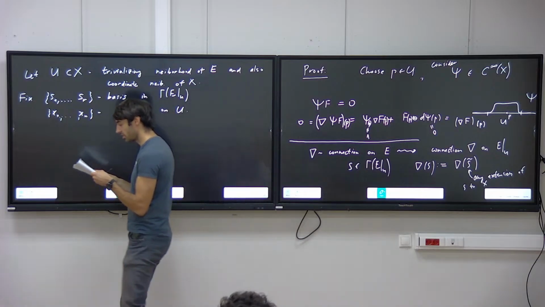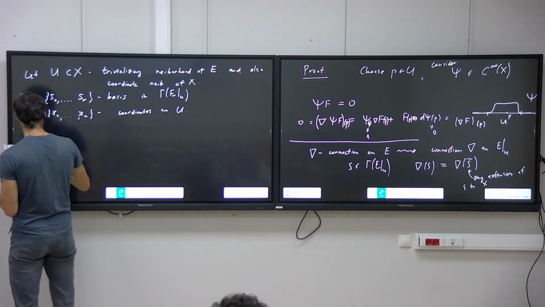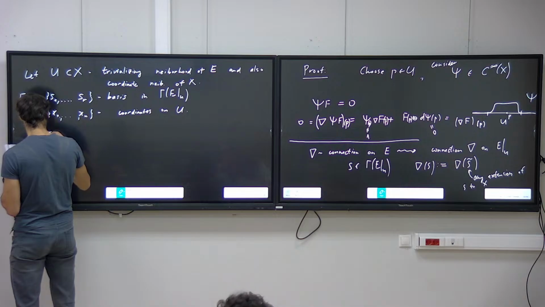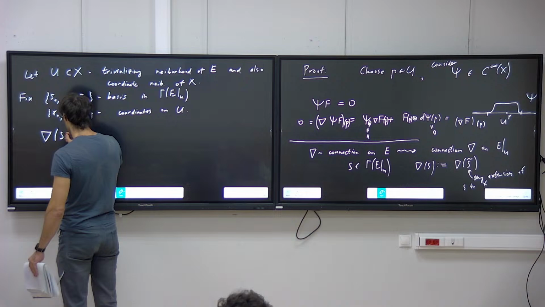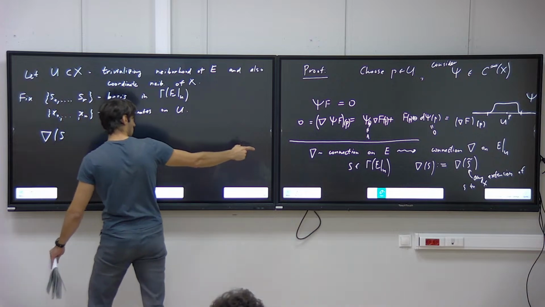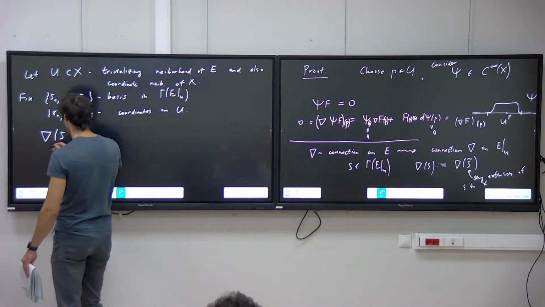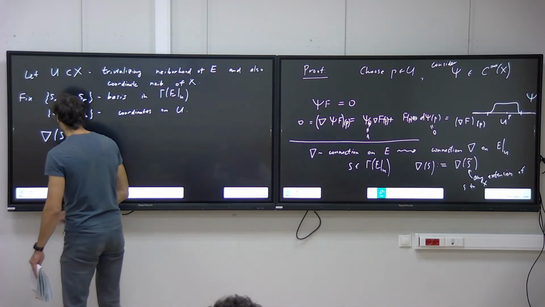And then we can define the following. I can take one of these sections and apply nabla to it. These are local sections, but because of the previous discussion, it's okay to apply nabla to one of them.